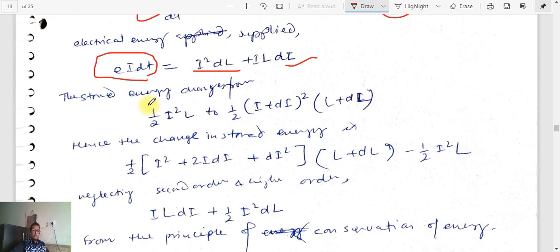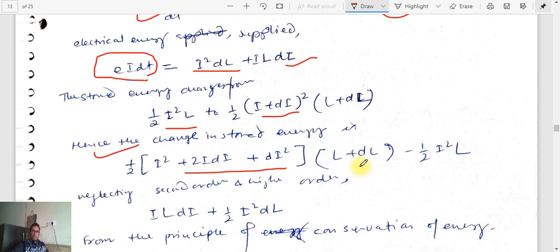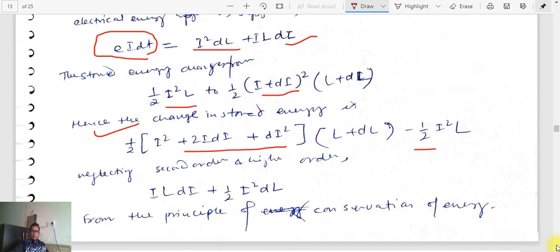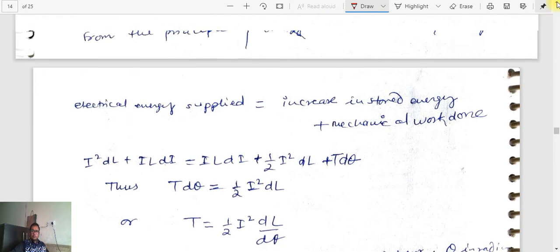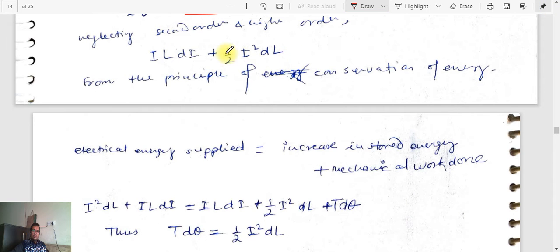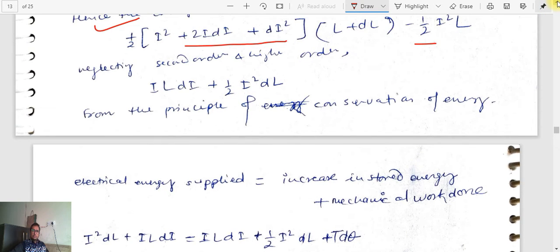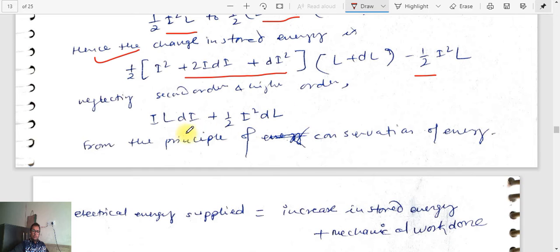After that, the stored energy changes from half I square L to half (I plus di) square into (L plus dL). Now this equation reduces, and neglecting the higher order terms, we find I L di plus half I square dL.